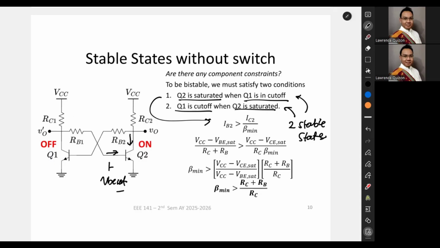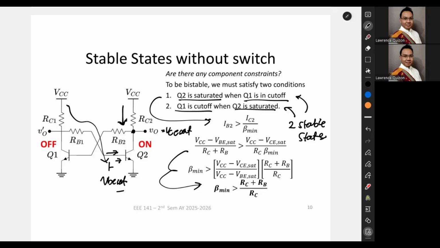That must be greater than IC2 over beta, which is VCC minus VCE sat over RC times beta min, where beta min is the forward active beta. Manipulating the equations, we find that beta min is restricted to above RC plus RB divided by RC.